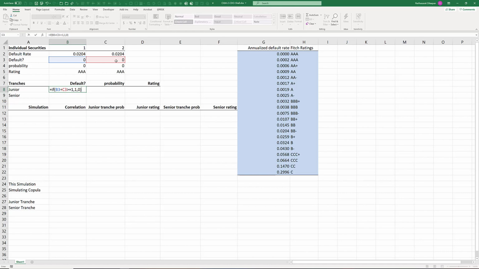Otherwise, it is 0. Now the senior, on the other hand, is that plus that equal to 2, so both must be 1. Only then will it default. Otherwise, it will be 0.